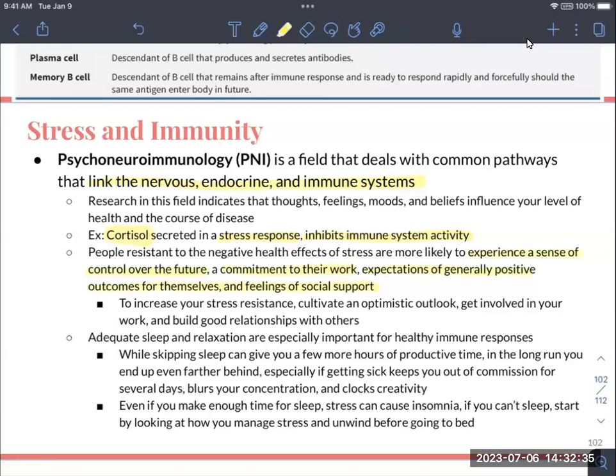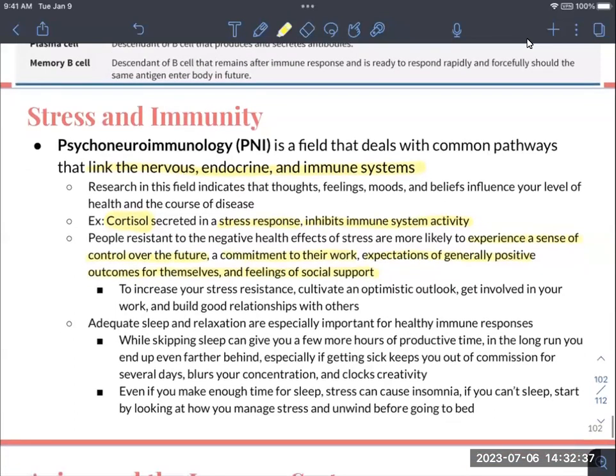So, according to psychoneuroimmunology, if you want to increase your stress resistance, you need to have an optimistic outlook on your life. Get involved in your work. And then you need to build good relationships with others. You need to get enough sleep and relaxation.